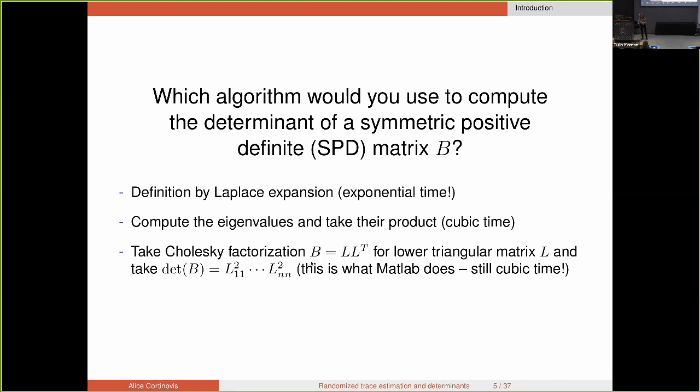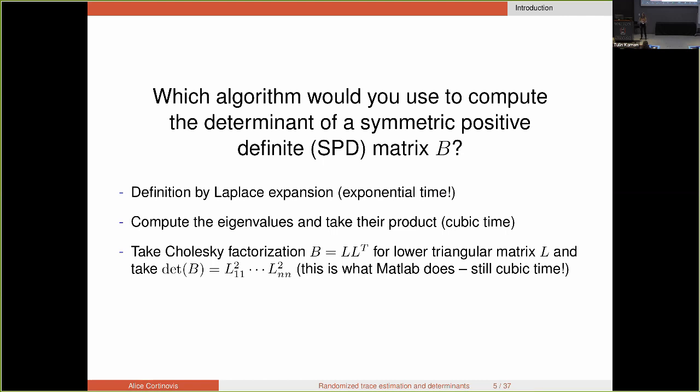Basically, if you take a Cholesky factorization of B, a decomposition of the form L times L transpose for a lower triangular matrix L, then the determinant of B is the product of the determinants of L and L transpose, which are the same. And the determinant of a lower triangular matrix is just the product of its diagonal entries. Now, the problem is that unless L is sparse and nice, computing a Cholesky factorization costs cubic time, so you cannot do that for really big matrices.